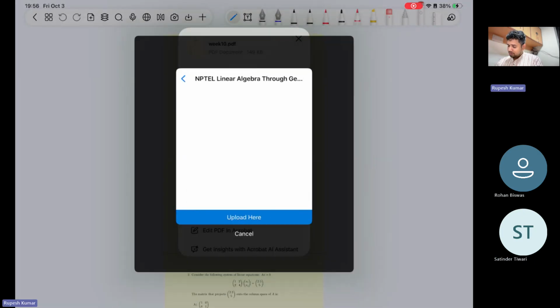I'm sharing the problems for week 10 also, and I'll be sharing the problems for week 9 also. Sir, one request: whatever topics we have covered so far, it is going to end now, I think, because we are in the 11th week of 12.